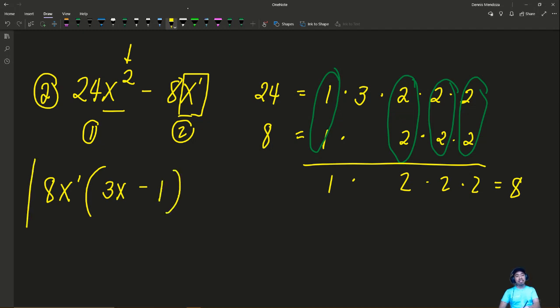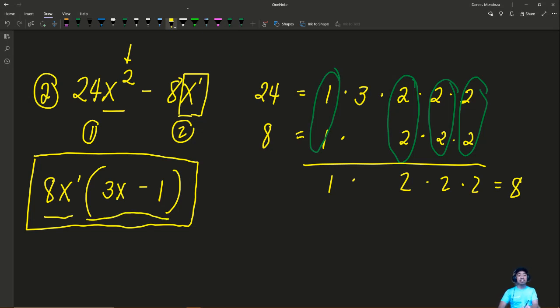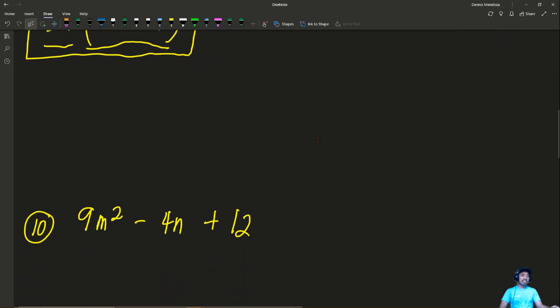So this is the factor of 24x squared minus 8x using greatest common monomial factor. Our greatest common monomial factor is 8x, and this is what happened after dividing 8x from 24x squared minus 8x. This is already its factor. Now let's go to the next example.